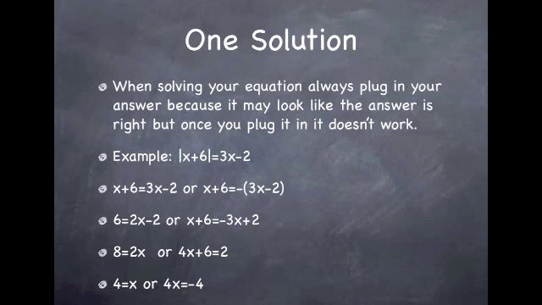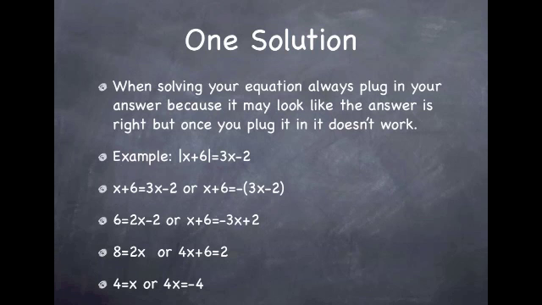And then there's going to be 2x. You bring the x over, you subtract the x on both sides, and that'll equal 2x. And then you distribute the negative sign into the parentheses, so it's negative 3x plus 2. Keep going. Then you add 2 on both sides for the first one, so it's 8 equals positive 2x.